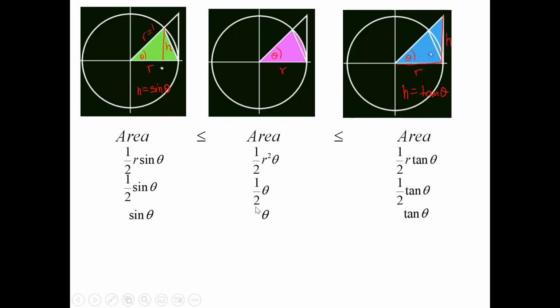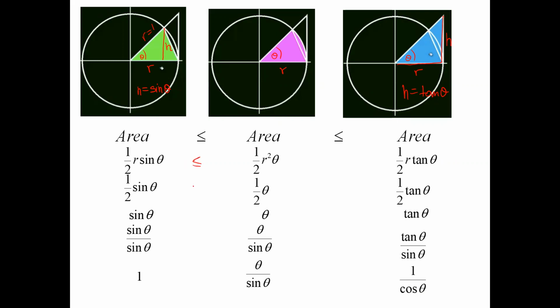That means now I will divide everything by sine theta: sine theta by sine theta, theta by sine theta, tangent theta by sine theta. Sine theta over sine theta is 1, this will stay. Tangent is sine over cosine, I can cancel out the sine, and 1 over cosine will stay. We're still holding this relation.